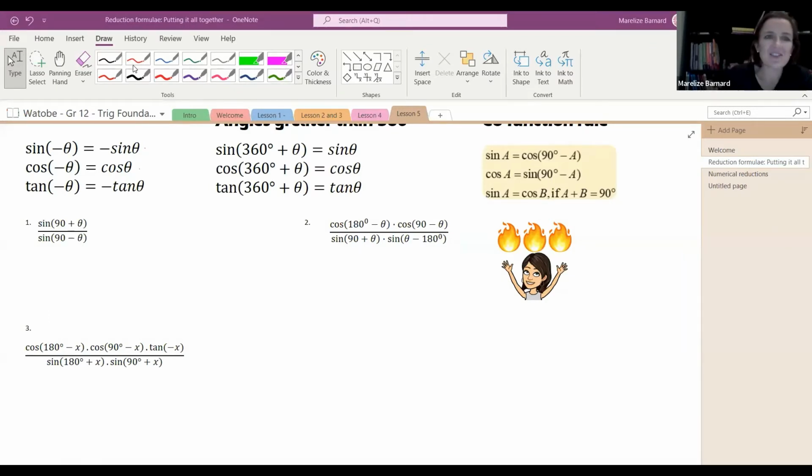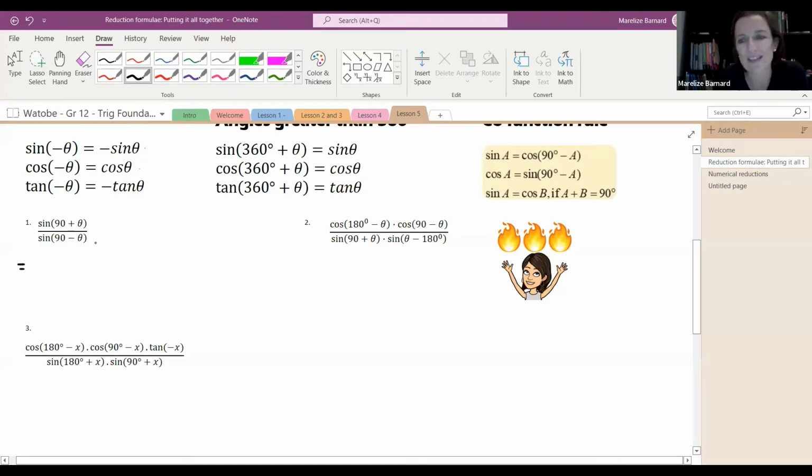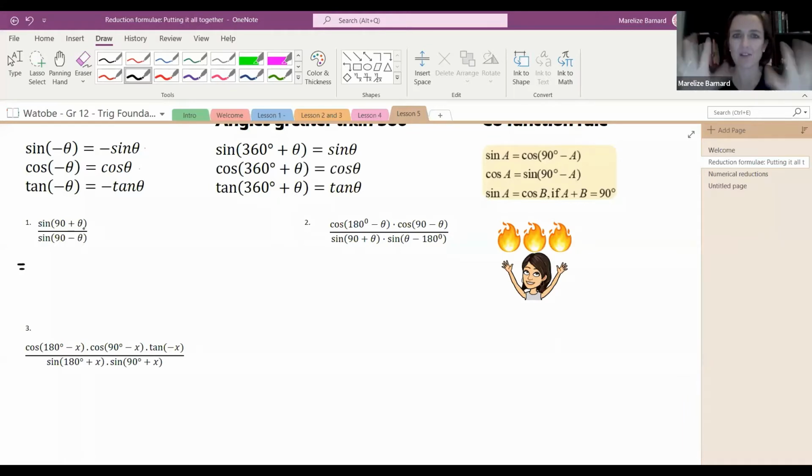Okay, right. So let's get into it. I am going to do this first question over here. Sine of 90 plus theta. Our thought process is always the same. It can only be one of the few things that we have set out and summarized here in our list.